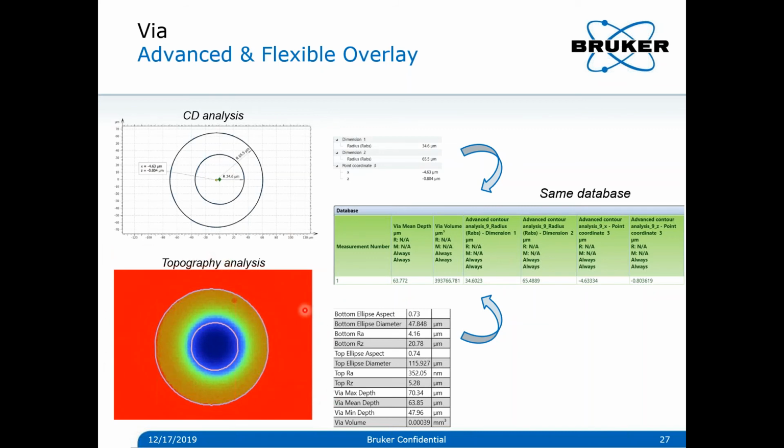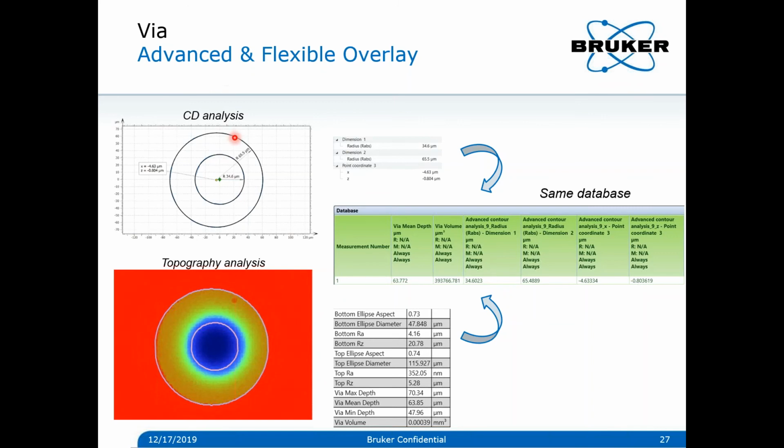The system will acquire one image, like the topography with 3D information, and then the system will work out the CD analysis automatically, working out the radius, working out as well the offset between the bottom of the structure and the second layers. So the two layers offset can be worked out.